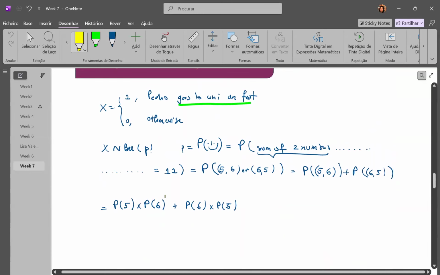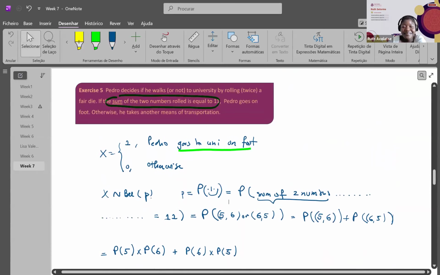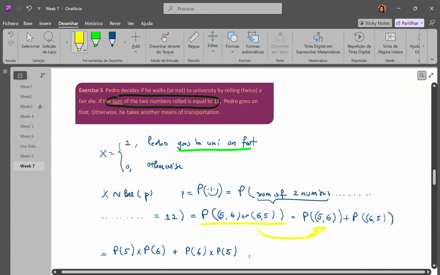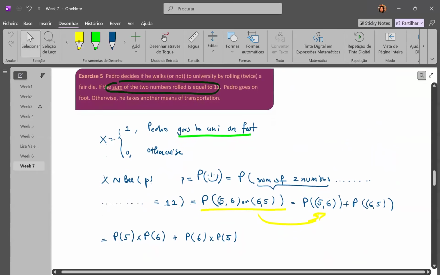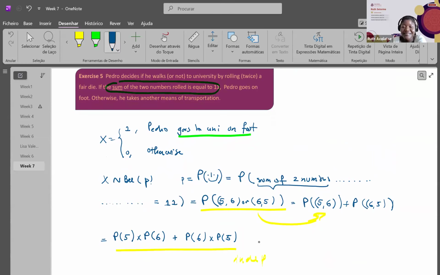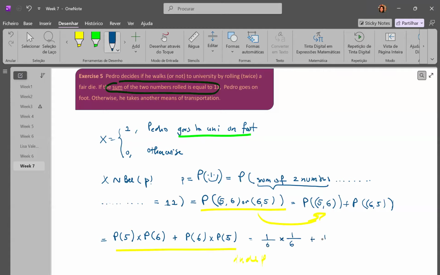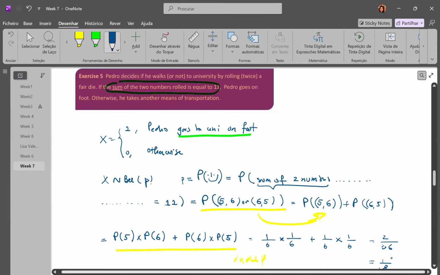See? Yeah. So here, from here to here, we use the fact that they cannot occur at the same time. And from there to here, we used independence, right? You agree? I agree. And now here I have 1/6 times 1/6 plus 1/6 times 1/6. So 2 over 36, 1/18, right?